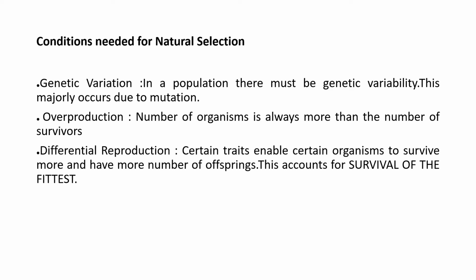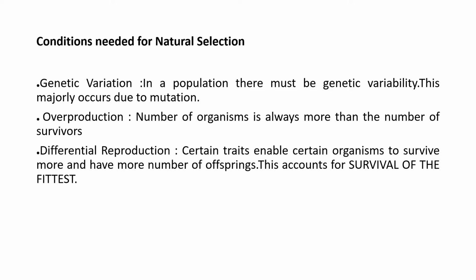In a population there must be genetic variability, and this variation is majorly due to the phenomenon of mutation. In living organisms, many characteristics are inherited or passed from parent to offspring, but the changes can occur from mutation that is taking place in the cells.